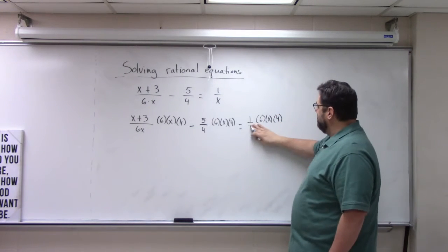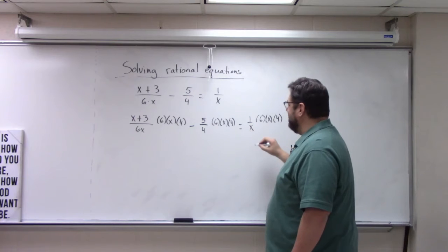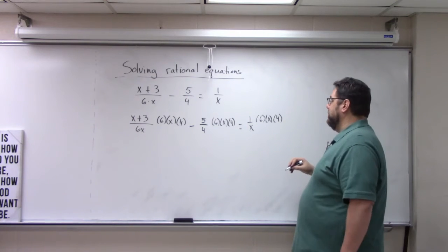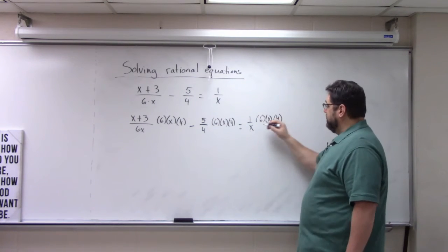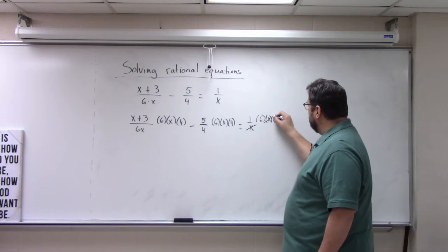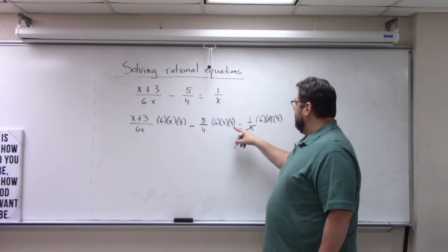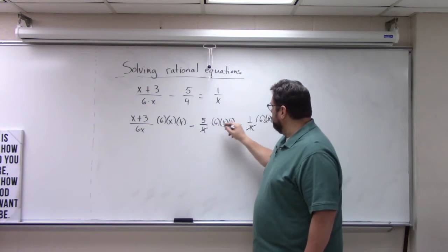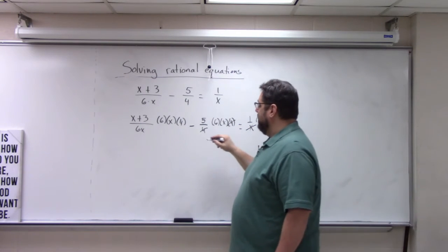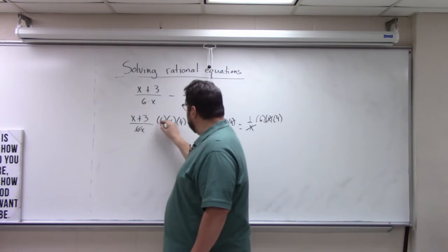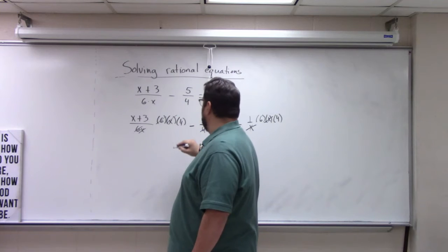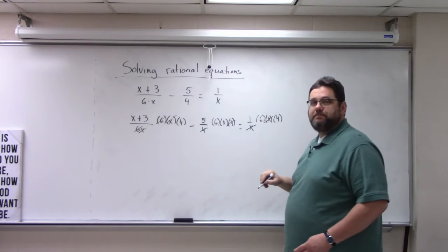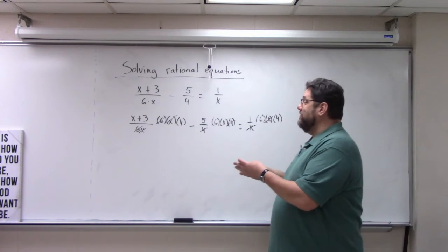All right, and it may seem like I'm doing a lot of writing here, and I guess I am, but a lot of this is fixing to clear up. For instance, over here on the right, these x's are going to cross out. In here, the 4's will cross out. And in this first term, the 6 is gone and the x is gone. All right, so let's see what we have left.